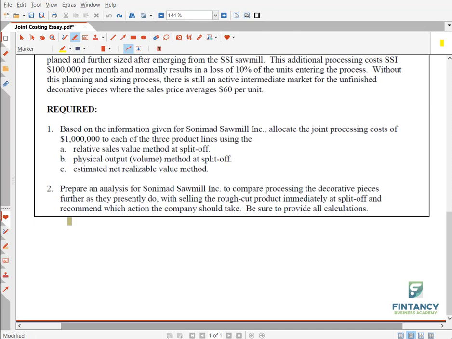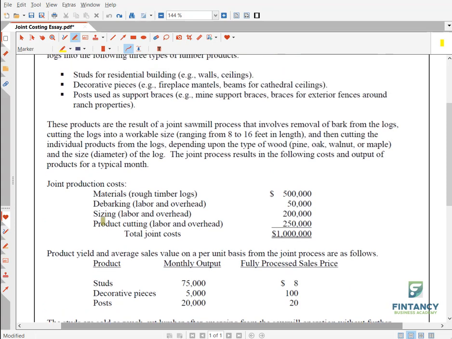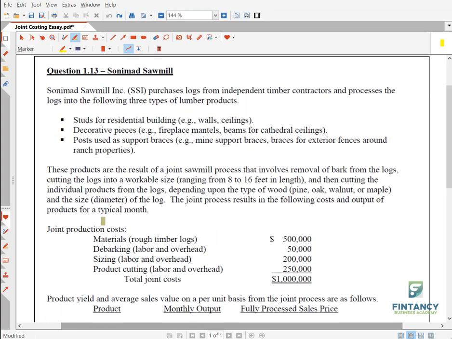Very nice. So let's read the scenario. They say the company purchases logs from independent timber contractors. You people know what is a log? Have you people taken a log slide in an amusement park ever? You sit on a boat.